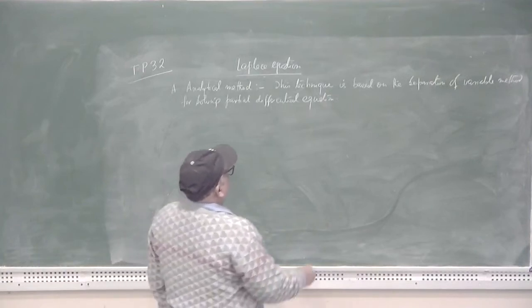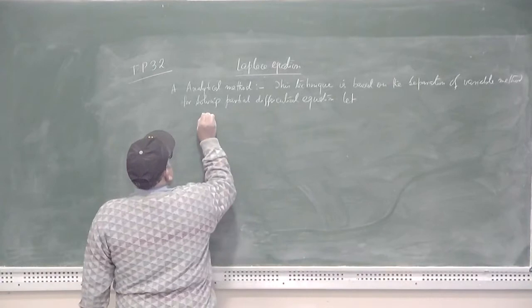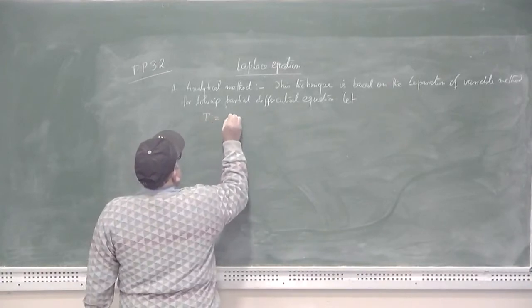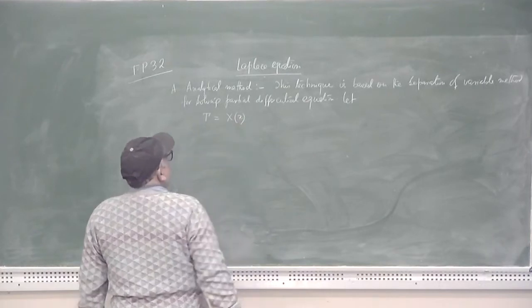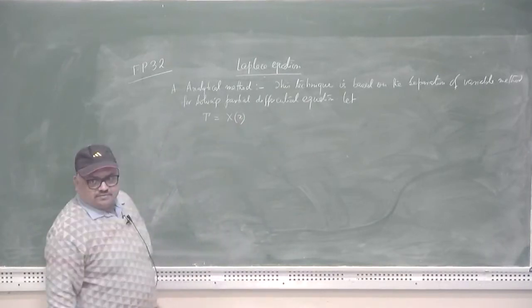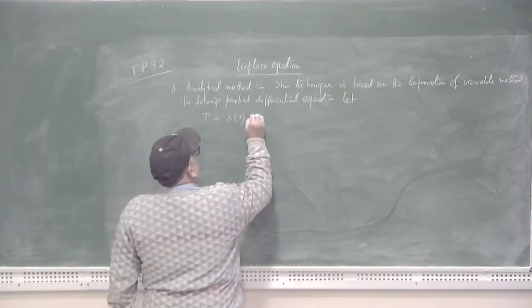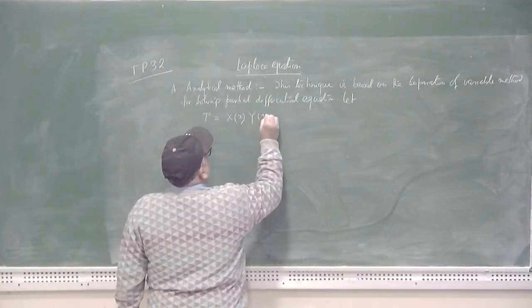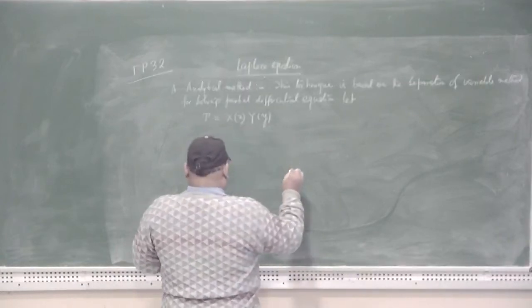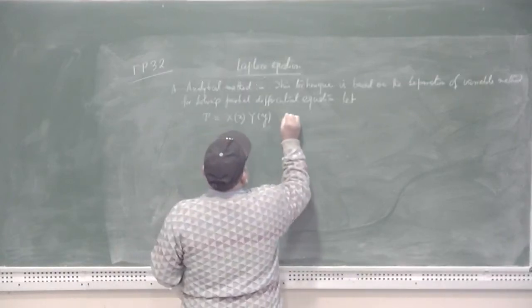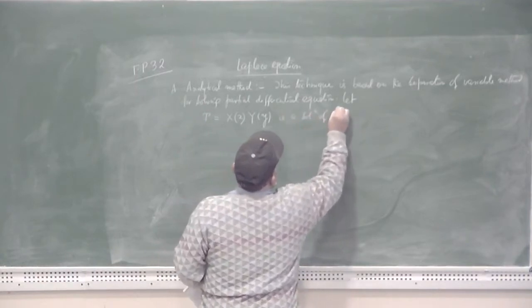Let T equal to X, which is a function of small x only, into Y, which will be a function of small y only, is a solution of equation number 1.